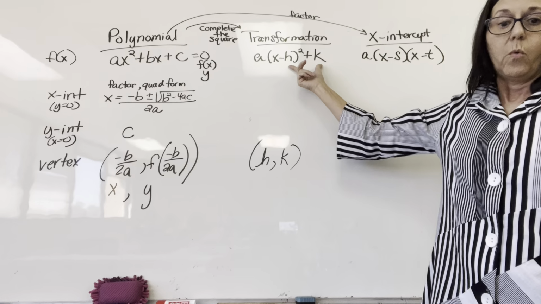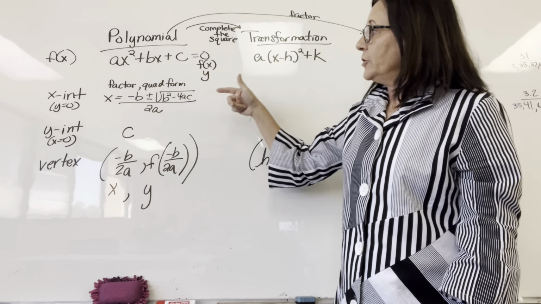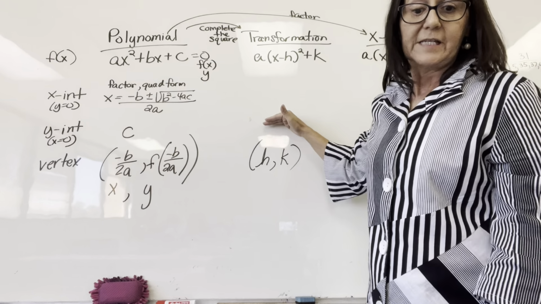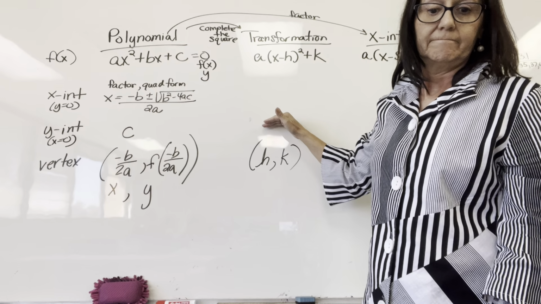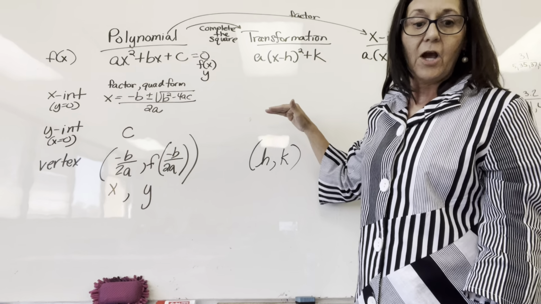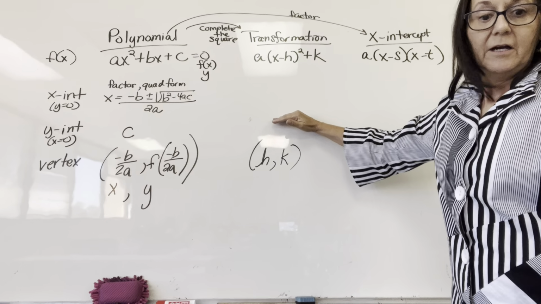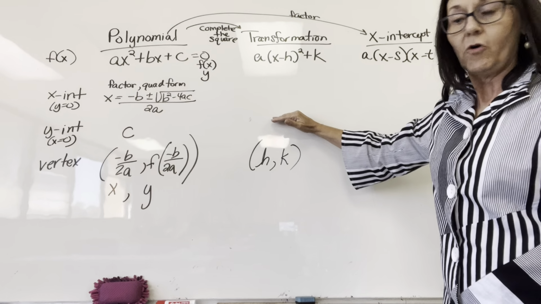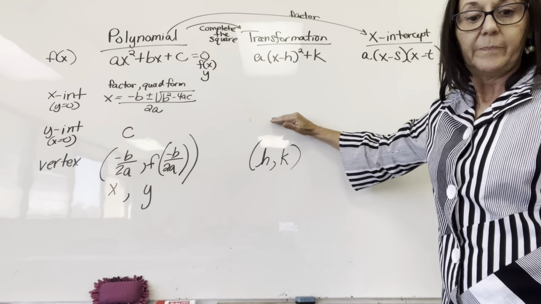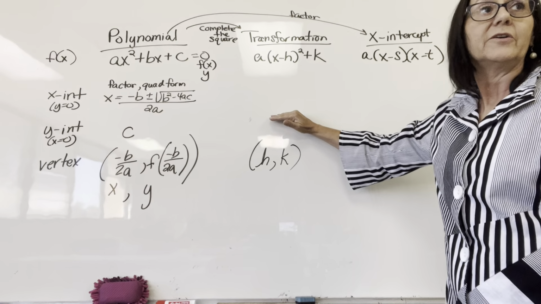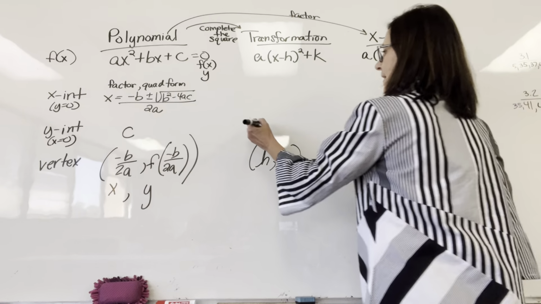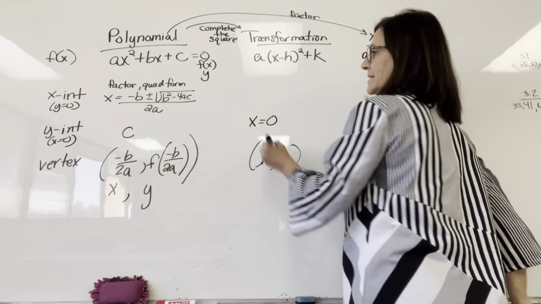All right? What about your y-intercepts? How can I know my y-intercepts? For transformation form, there is this formula, a h squared plus k. Here's what I tell you to do: make x equal to 0.